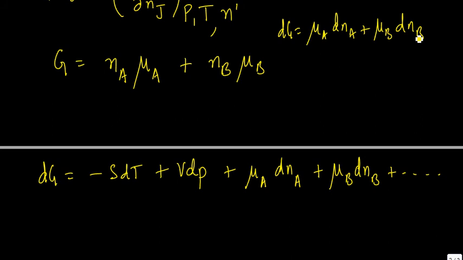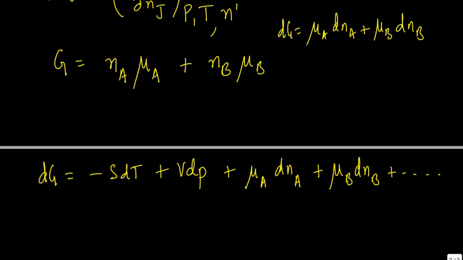Just as I had done for the volume. The change in volume was partial molar volume of A times the change in number of moles of A plus partial molar volume of B times the change in number of moles of B, right? So I just integrated and wrote it over there, but that is what it is.